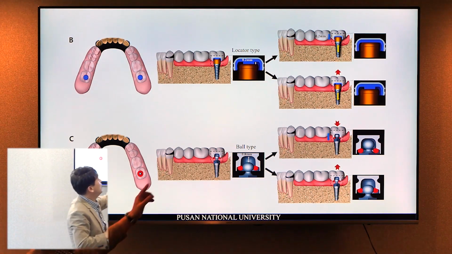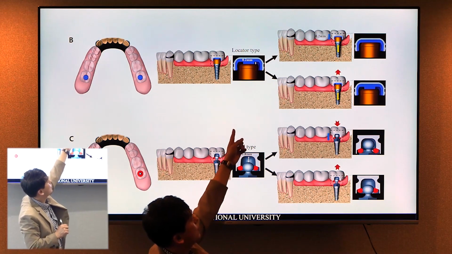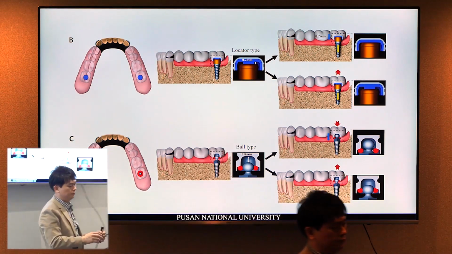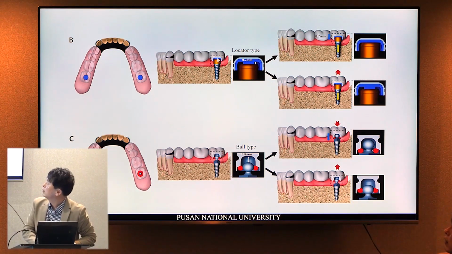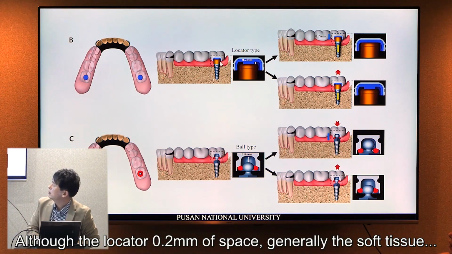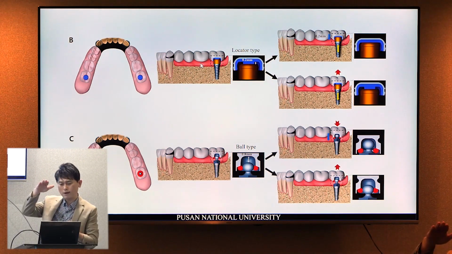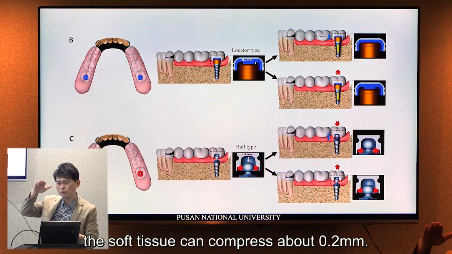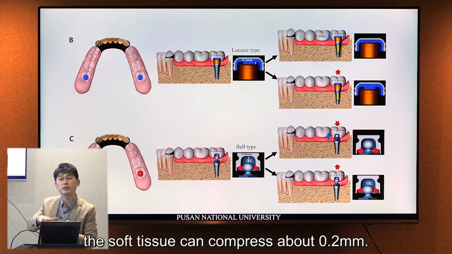But if you use a locator, although the locator has 0.2 millimeter space, generally the soft tissue can be pushed down about 0.2 millimeter.